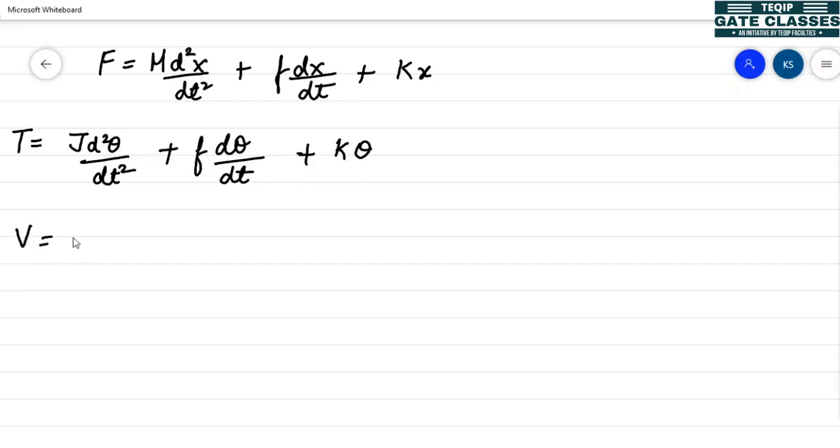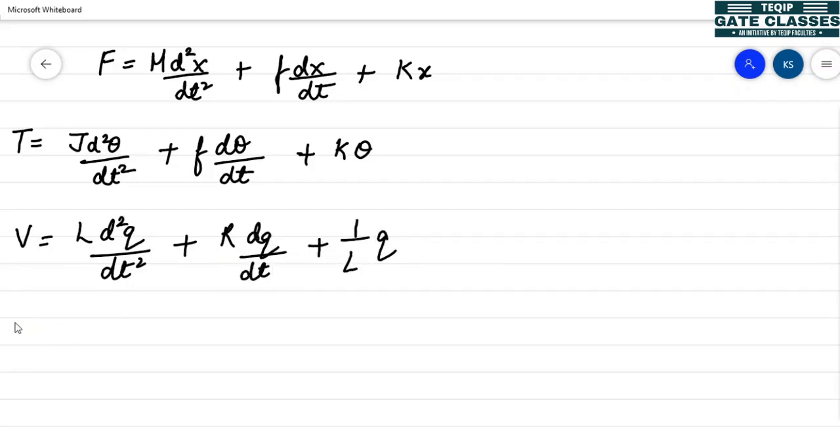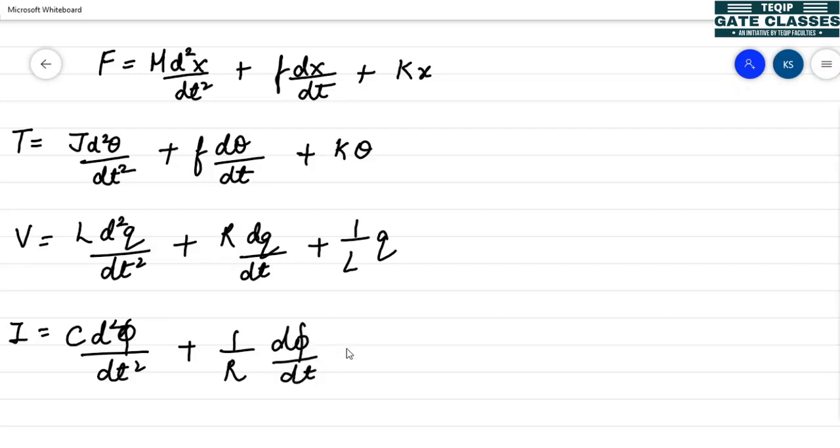Whereas for the electrical series circuit, V is equal to L d2q by dt2 plus R dq by dt plus 1 by C q. Similarly, for the parallel circuit, I is equal to C d2 phi by dt2 plus 1 by R d phi by dt plus 1 by L phi. These we have all found already.